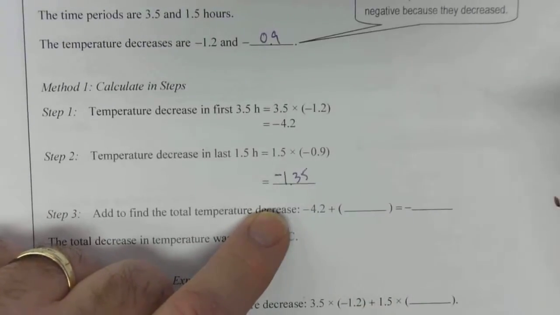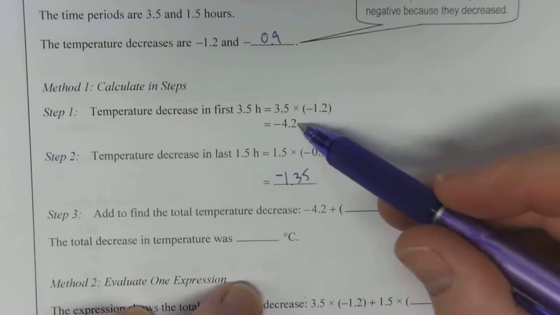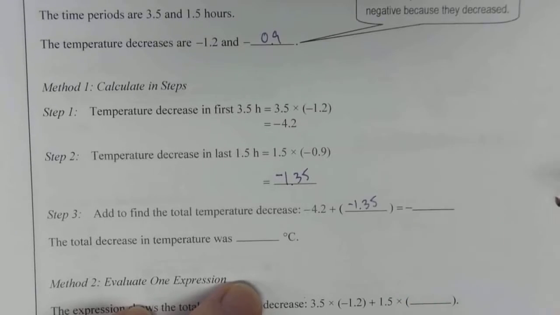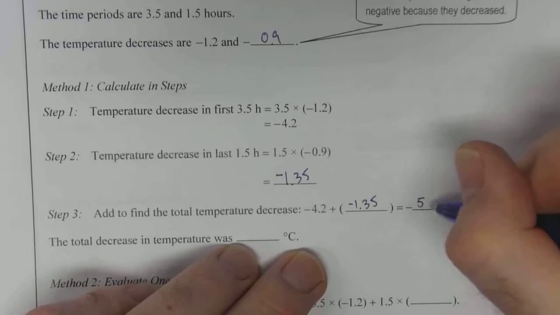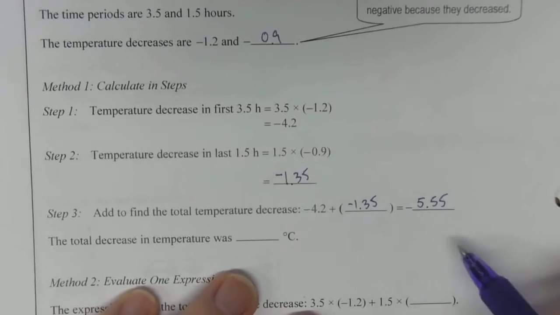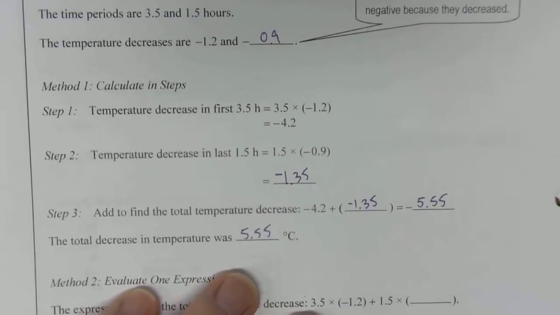And it's negative 1.35. So then you take the negative 4.2 and the negative 1.35 and you add them together to get the total decrease in temperature. And when you do that, you're going to end up with negative 5.55. So the total temperature decrease was 5.55 degrees Celsius.